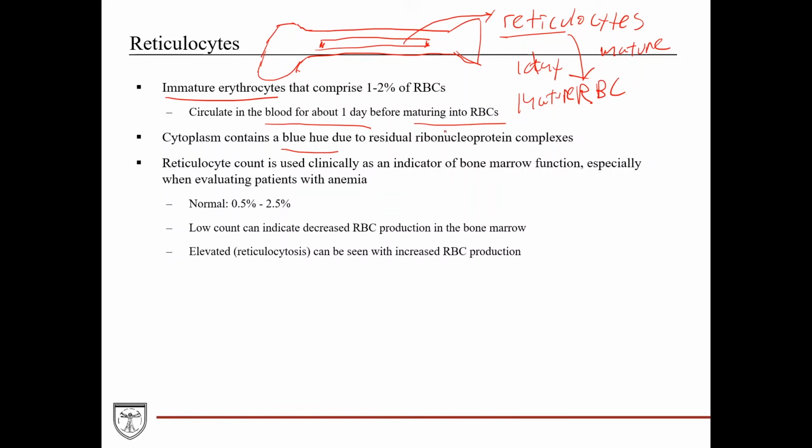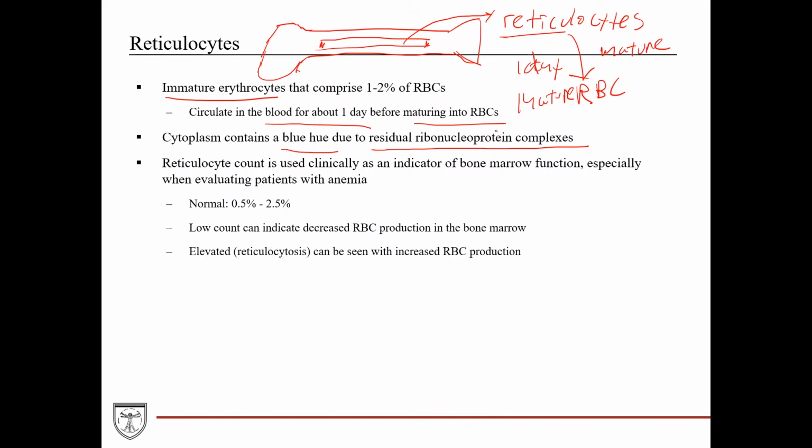As they mature, they continue to shed that away. Even at the reticulocyte stage, they still have some residual ribonucleoprotein complexes, so they still have some nucleic material. As a result, that's going to stain more bluish, and that's what gives you that bluish hue to the cytoplasm. And that's how you can histologically differentiate it from a mature red blood cell.